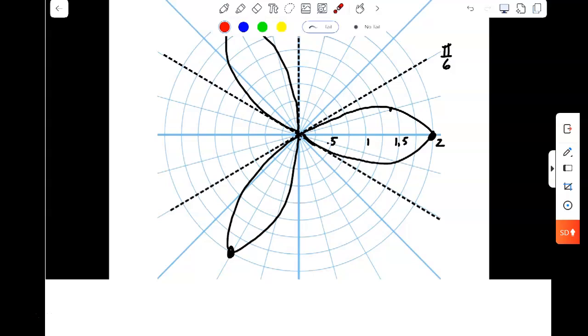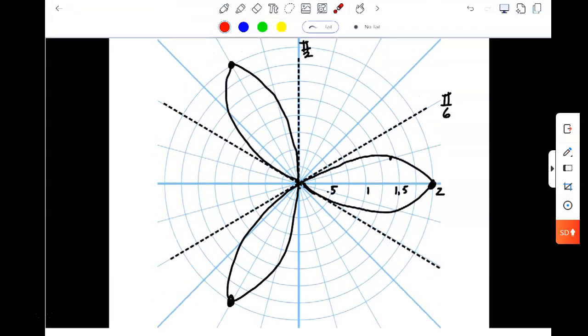And then what's going to happen in this next part here is you would be negative. So that graph actually, when it hits the next point, is coming back through like so again. And then finally you'll be down into the fourth quadrant here between 11 pi over 6 and 2 pi.